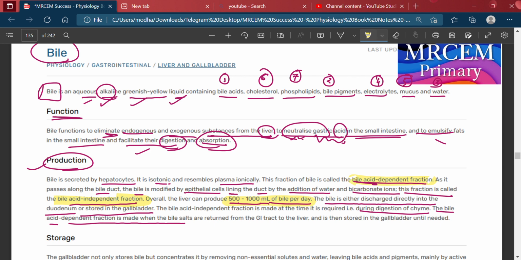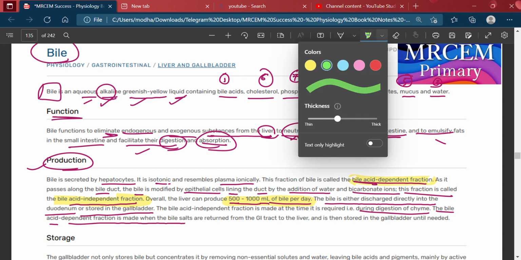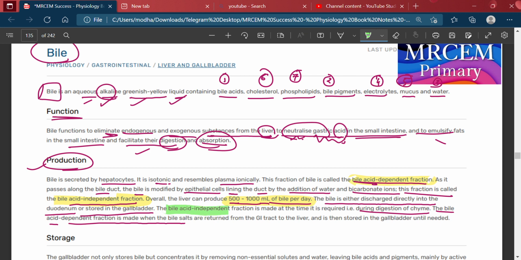So we have seen when the bile acid independent fraction is made: during the digestion of the chyme.